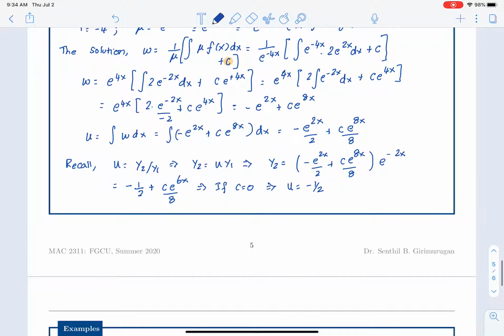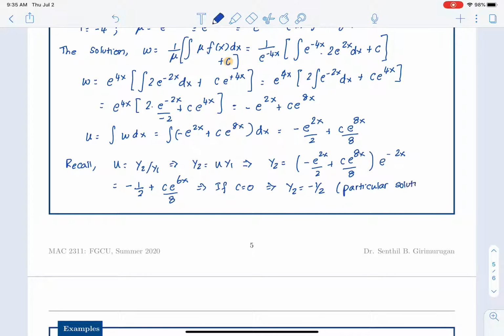So y2 would be equal to negative 1 over 2. And that particular solution is free of arbitrary parameters, which is why we set that c equal to 0, because we don't want any arbitrary parameters. So that would become the particular solution.